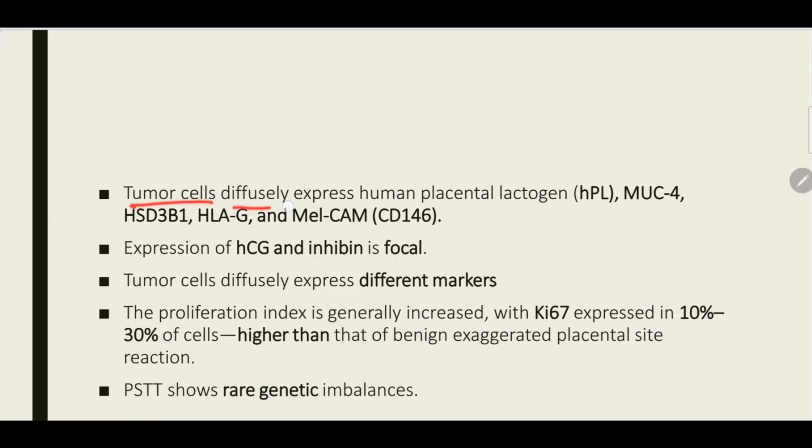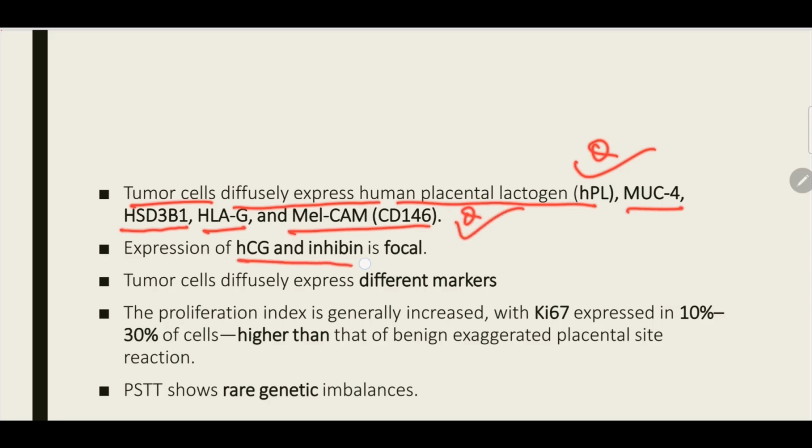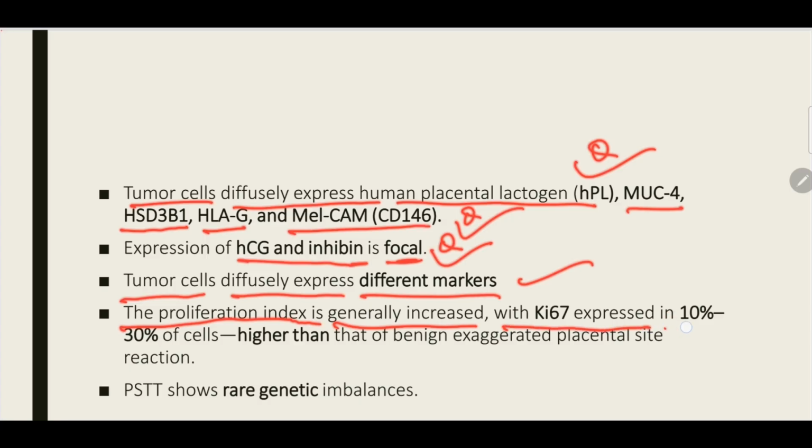Tumor cells diffusely express human placental lactogen, MUC4, HSD3B1, HLA-G, and Melan-A CD146. Expression of hCG and inhibin is focal. The proliferation index, that is Ki67, is generally increased, with Ki67 expressed in 20 to 30% of cells, higher than that of benign exaggerated placental site reaction. PSTT shows rare genetic imbalances.